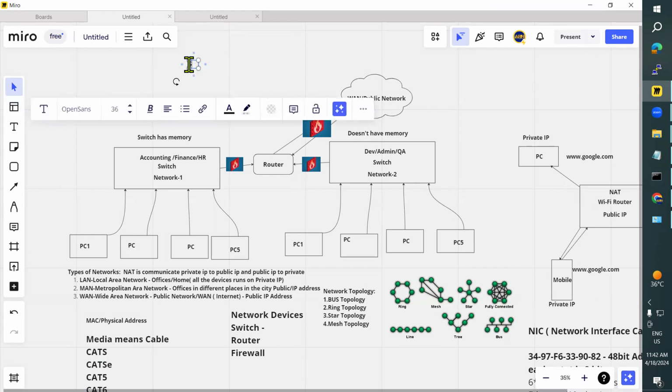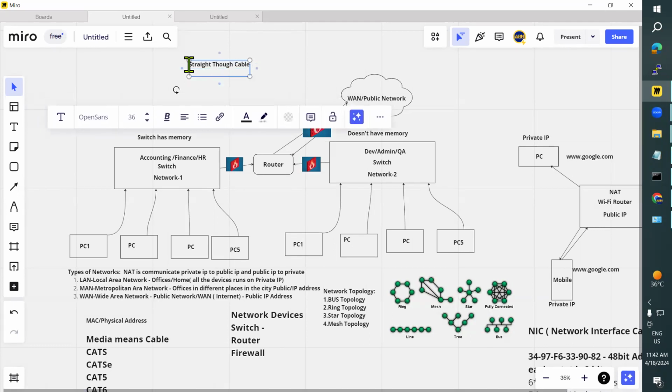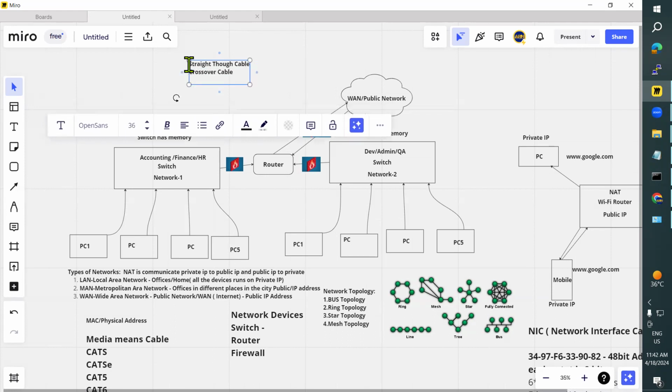One is the straight through cable, and the crossover cable, and the rollover cable.